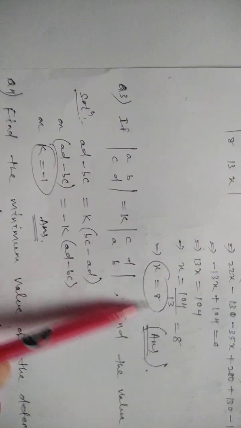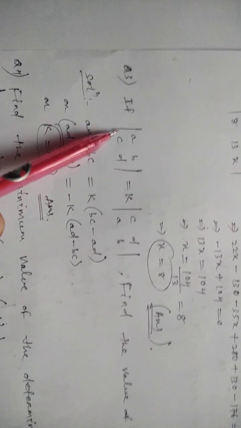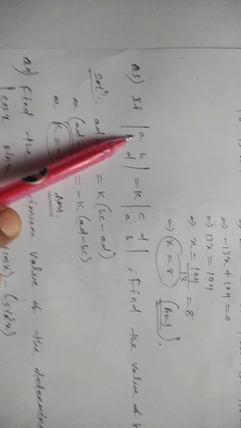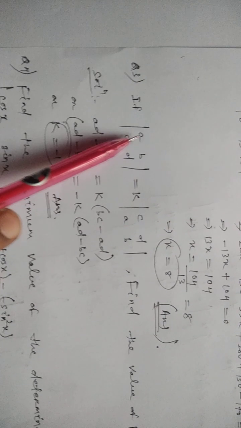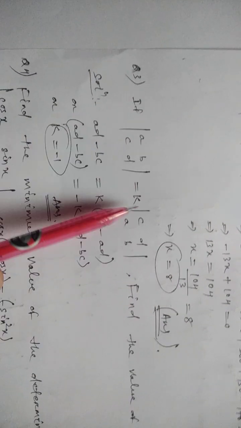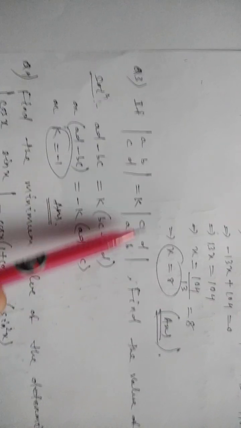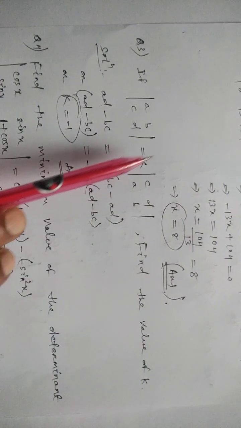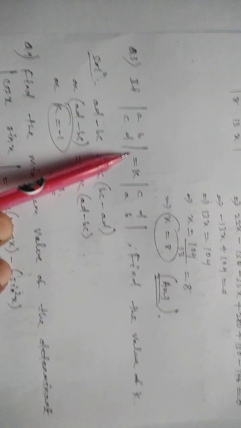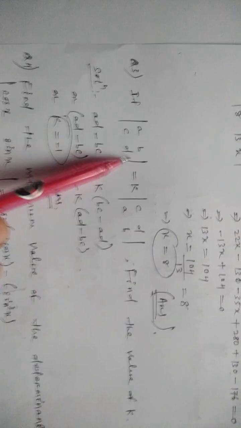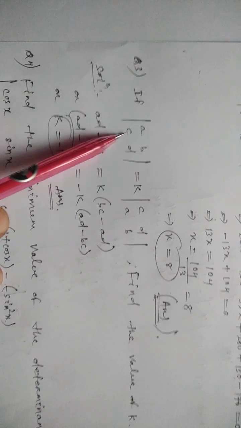Okay, next question. A determinant is given as |A B; C D| equal to K into |C D; A B|. Then find the value of K. So simply simplify the determinant. This will be AD minus BC.